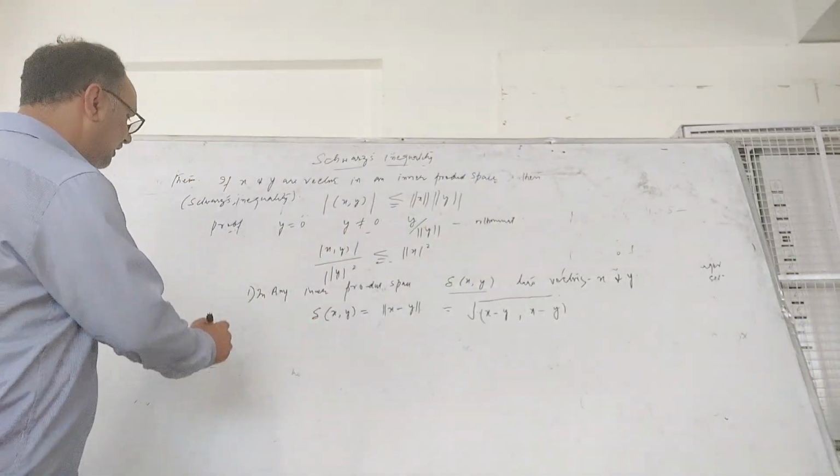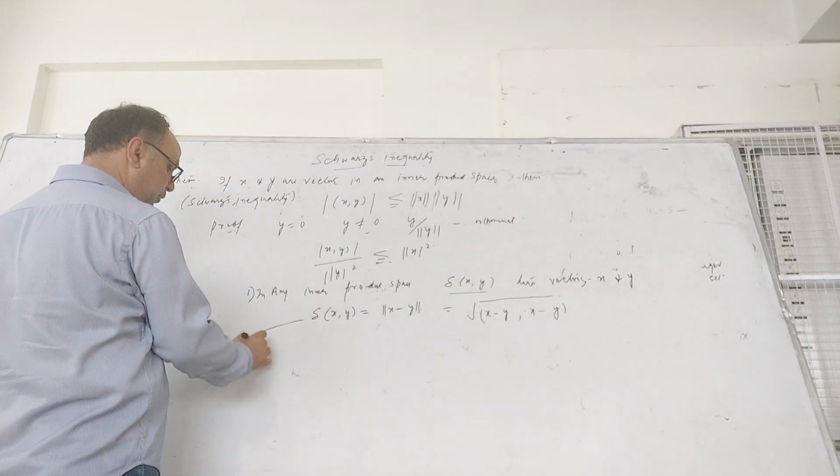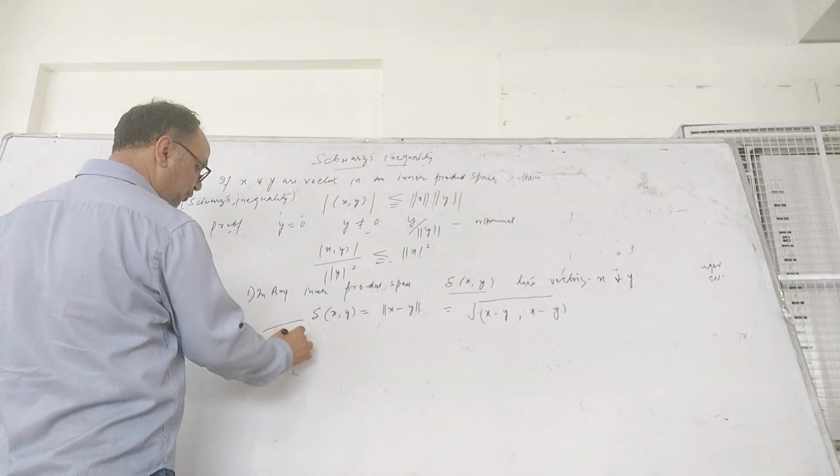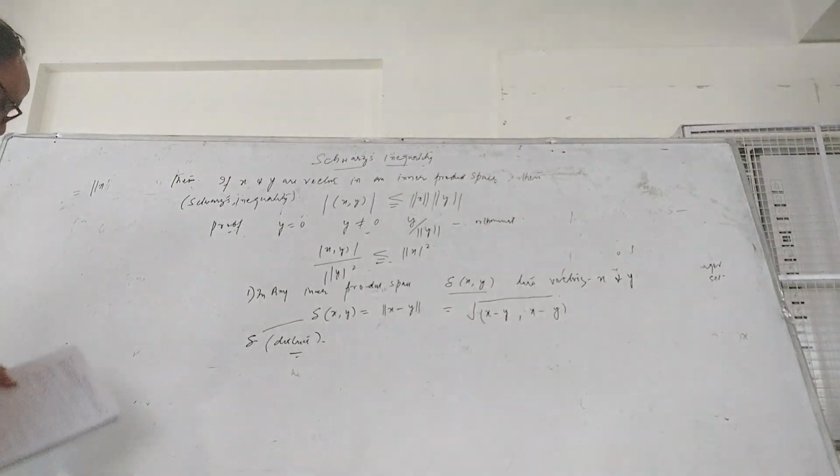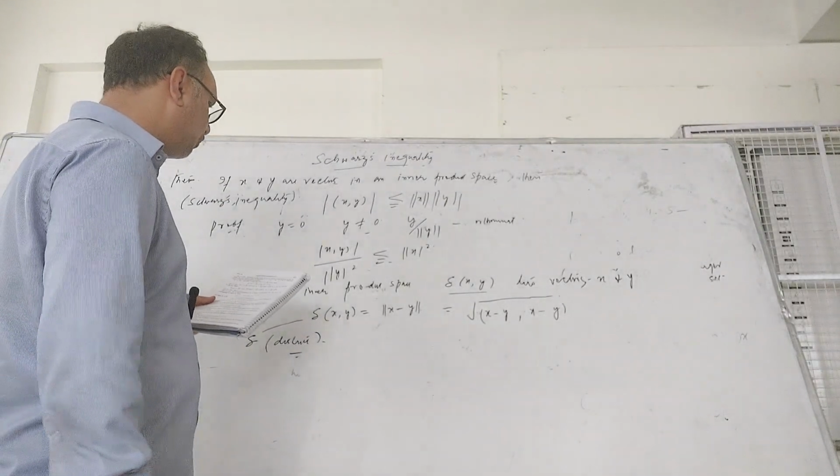So in order that delta should have some analogy with distance, what are the properties which the function should hold?